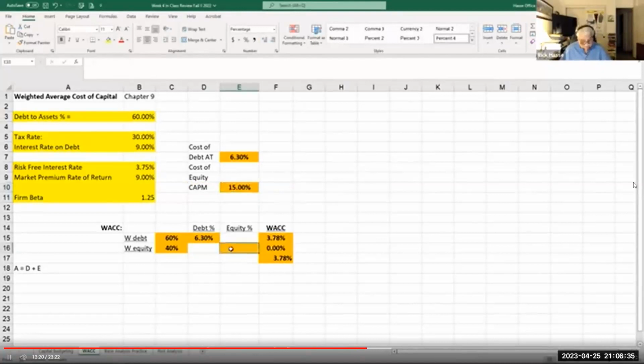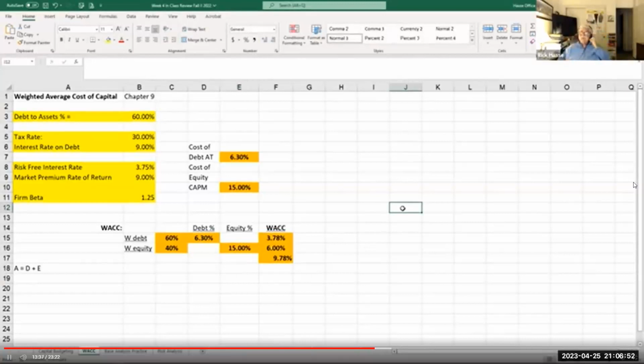So we put that cost of equity of 15% and we weight it by the 40% capital structure percentage of equity in the balance sheet, and we get a weighted average cost of equity of 6%. Thus, we have our cost of capital.